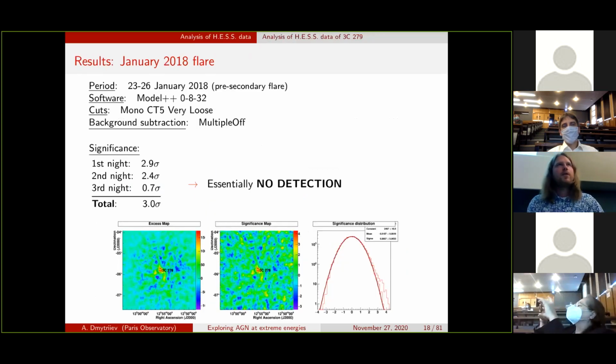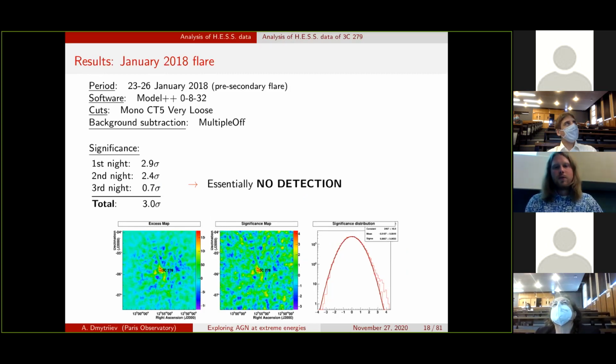So for the January flare, I selected 3 days of data, and I used CT5 data, which is the largest Cherenkov telescope in the H.E.S.S. array. I used CT5 data because it's the only telescope having enough size to collect the faint Cherenkov light, the only telescope of the H.E.S.S. array sensitive in around the 10 GeV energy band.